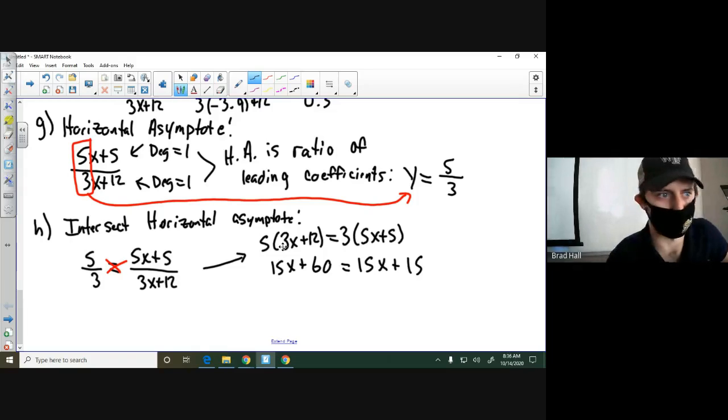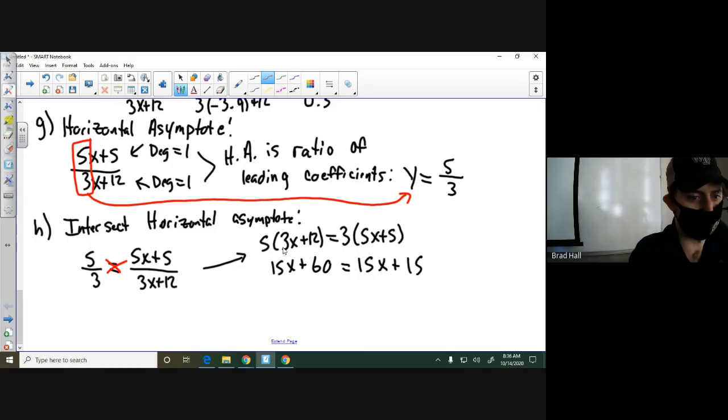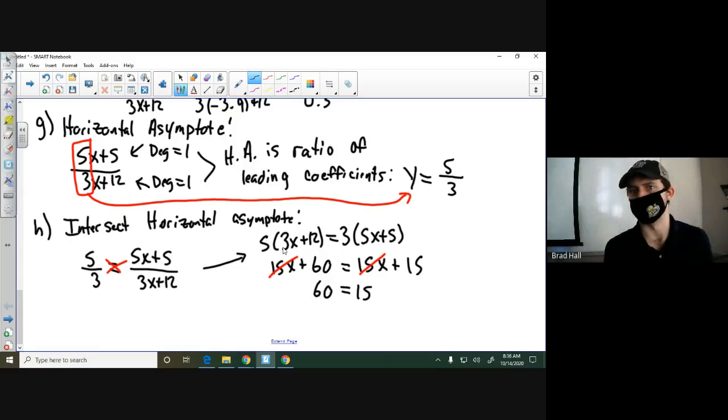But something interesting that happens here, the 15x's cancel. And we just get that 60 is equal to 15, which doesn't make any sense.